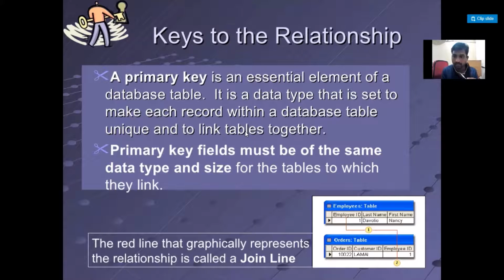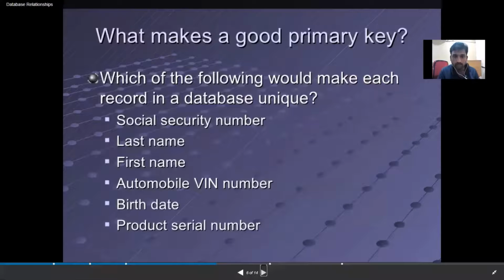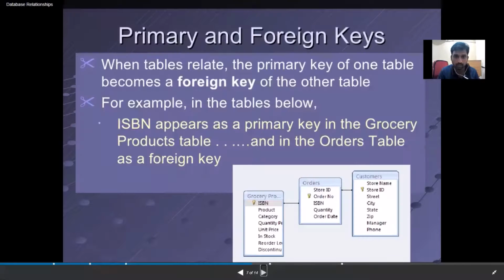In yesterday's class we discussed that the primary key of one table used in another table as a column is called a foreign key. So what is the need of using this primary key in another table? To create a relationship.